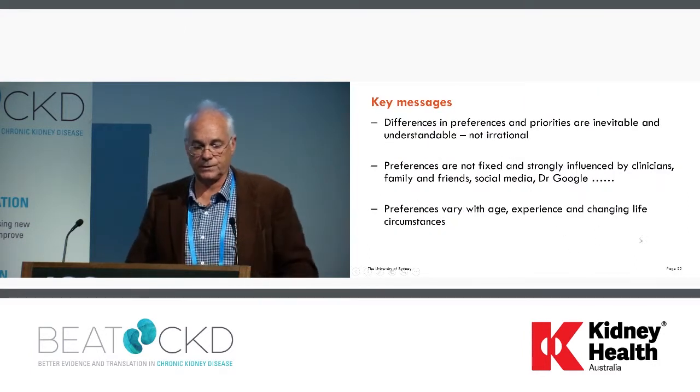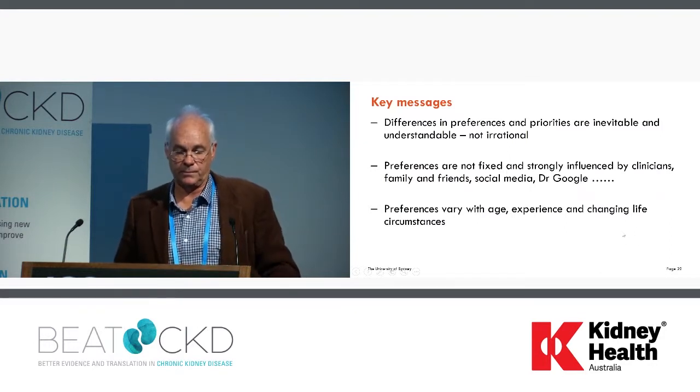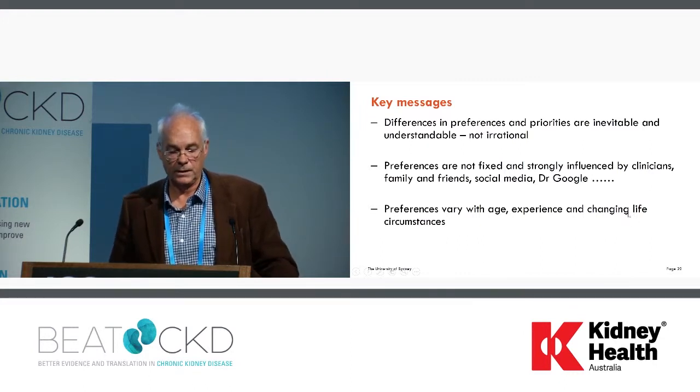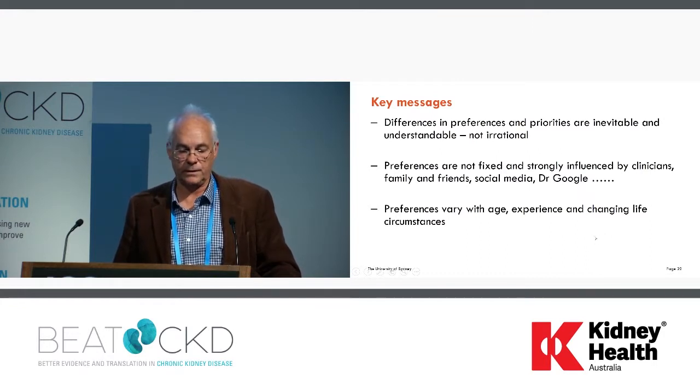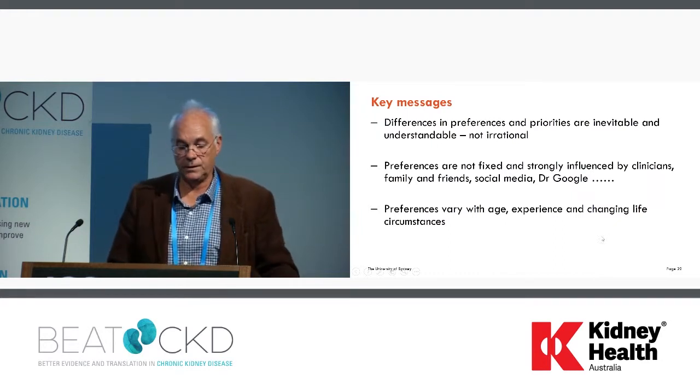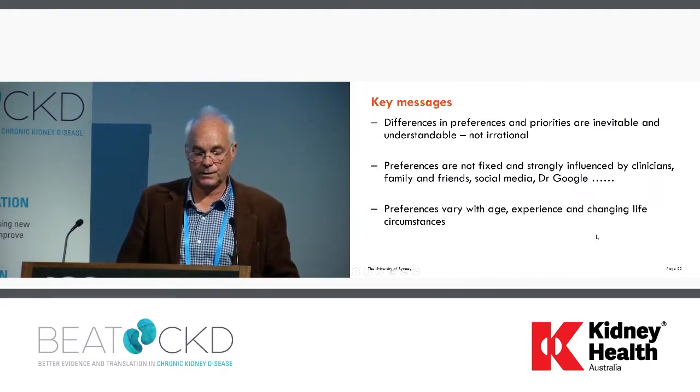So the key message is that differences in preferences and priorities are inevitable. They're always going to be there, and they're understandable, and I think that we should recognise that, and they're never irrational. They're not fixed, and they're strongly influenced by clinicians, family and friends, social media, Dr. Google, and so on.